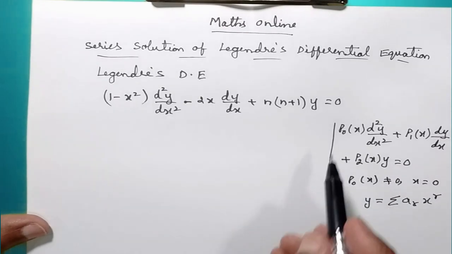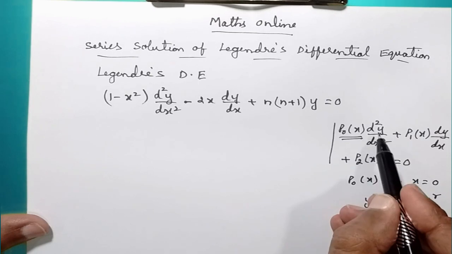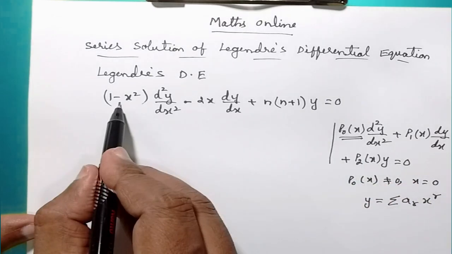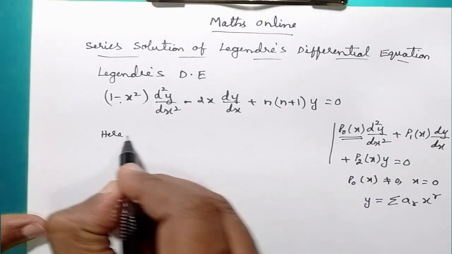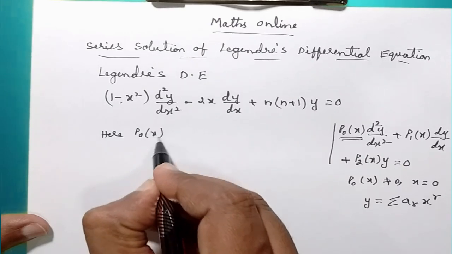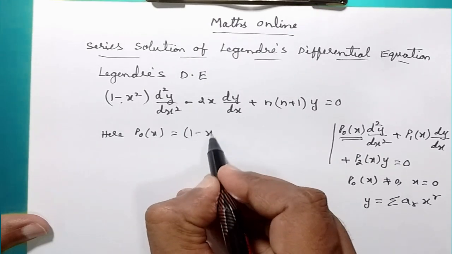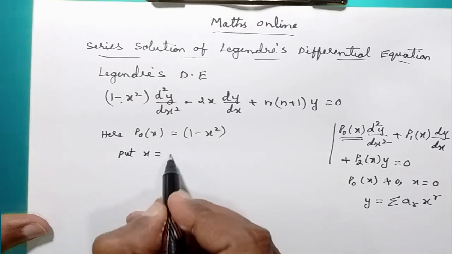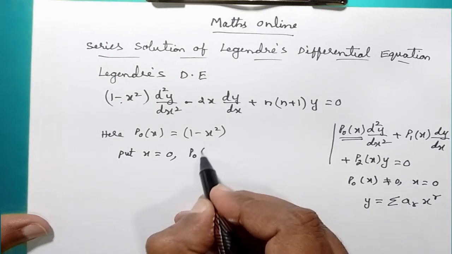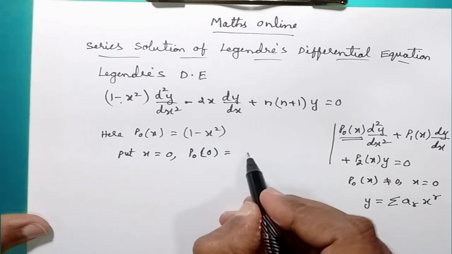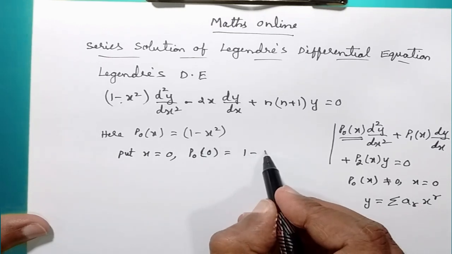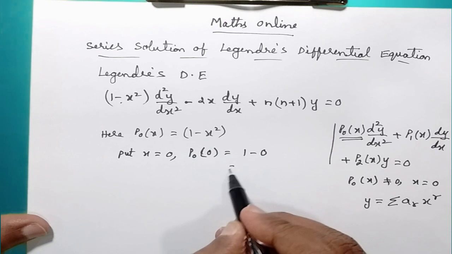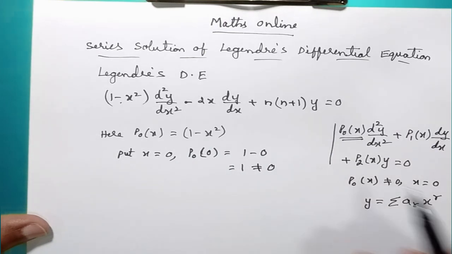So let us try to compare over here. What is the value of p naught? P naught into d square y by dx square. So here your value of p naught of x is nothing but 1 minus x square. Suppose if I put the value of x to be equals to 0, we will be getting p naught of 0 is equals to 1 minus 0, which is 1, which is not equals to 0.